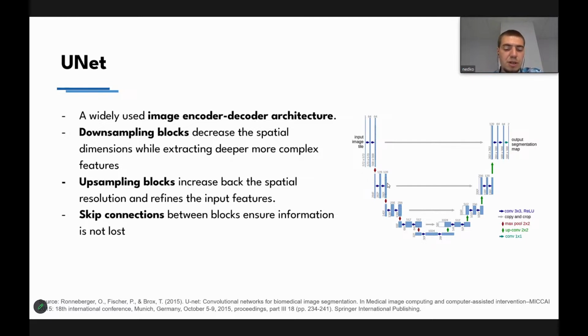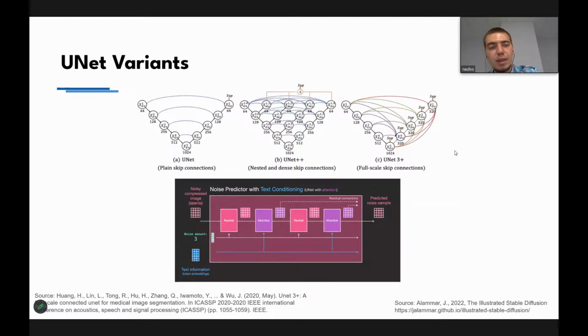And if you want to preserve them, you just give the features directly to the block that is increasing your features. So then these small details are still preserved. This is what works best in practice.